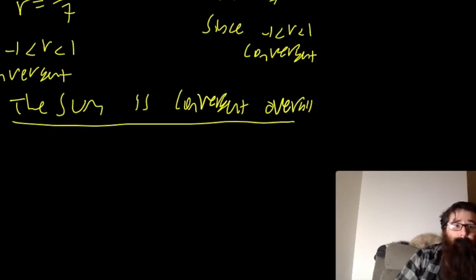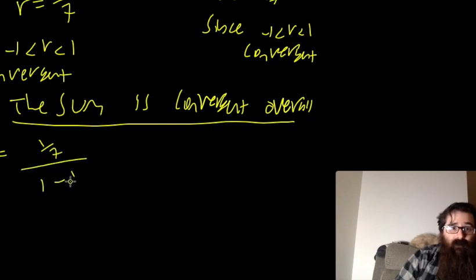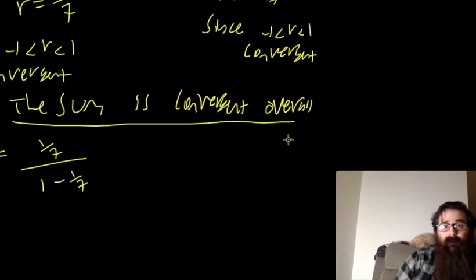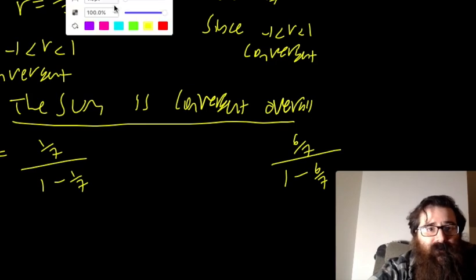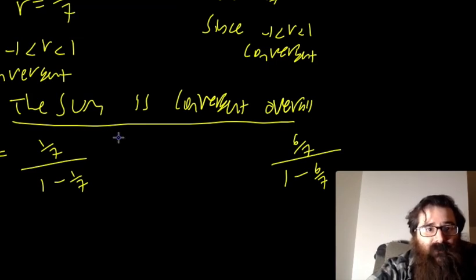Well, the first one is a over 1 minus r, which is going to be 1/7 over 1 minus 1/7. And I'll come back, I'll fix this up. But the other one is going to converge to a over 1 minus r as well, which is 6/7 over 1 minus 6/7. And we'll say, okay, let's see if we can make any progress with these.